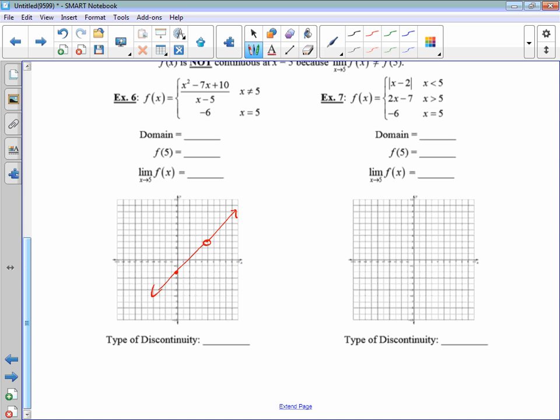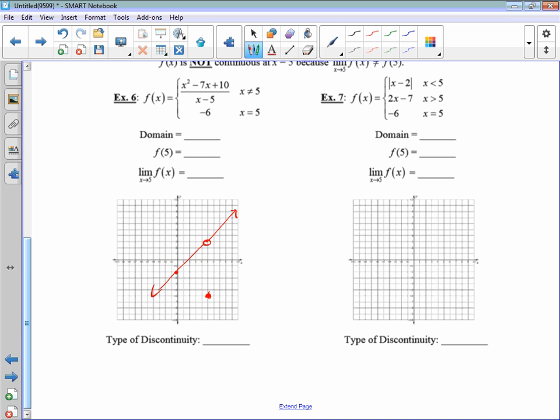Good, yes. Put a dot down there. Okay, so just looking at it, is it continuous? No, it is not. It's not one smooth graph.